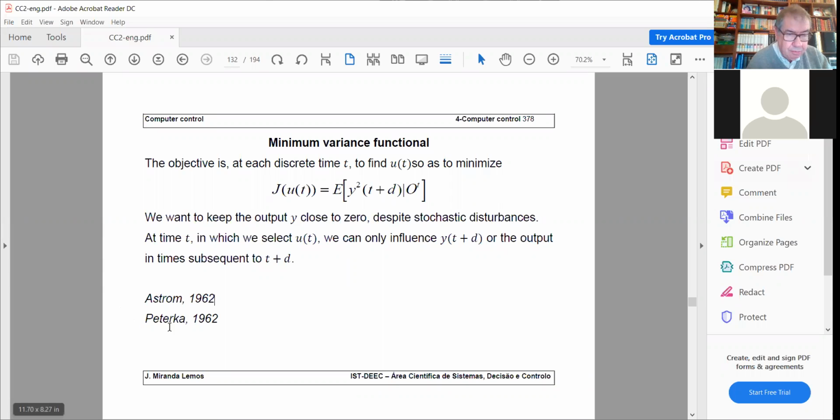And Vladimir Peterka was on the other side of the Iron Curtain. He was a member of the Academy of Sciences of Czechoslovakia, which is a country that no longer exists. It has been split into the Czech Republic and the Slovak Republic.